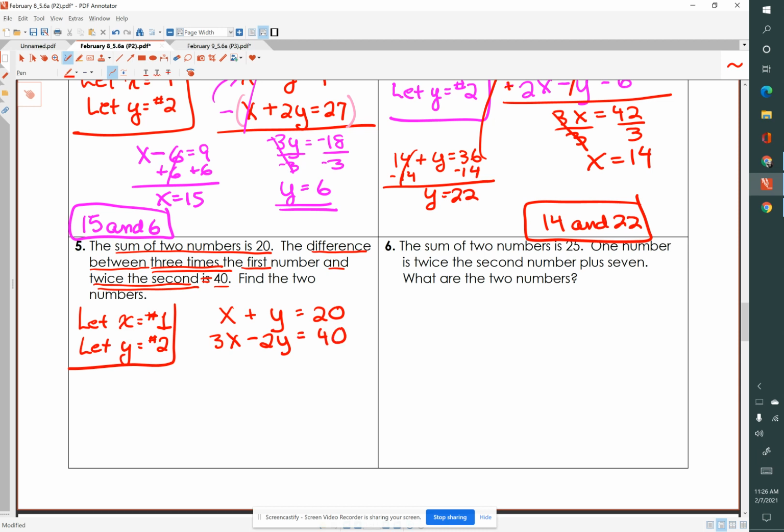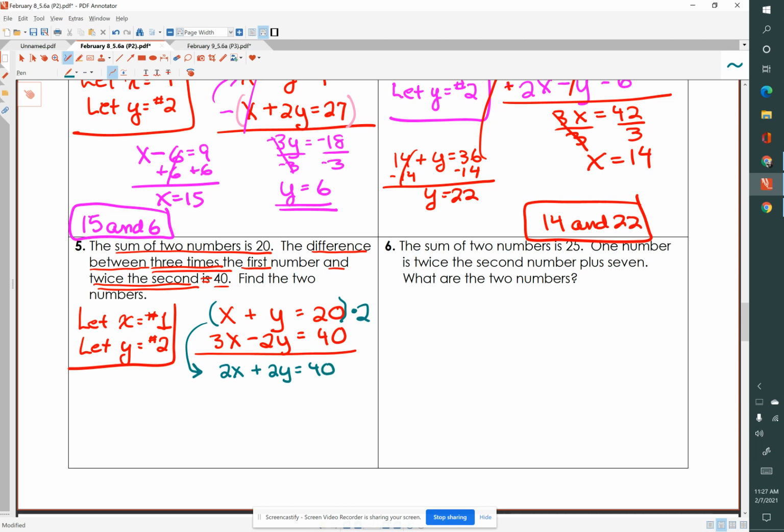So when I take a look at that, what I'm going to need to do to solve this is I'm going to multiply the first equation by 2 so that I can end up with 2y here. So I'll rewrite that down here. That will give me 2x plus 2y equals 40.